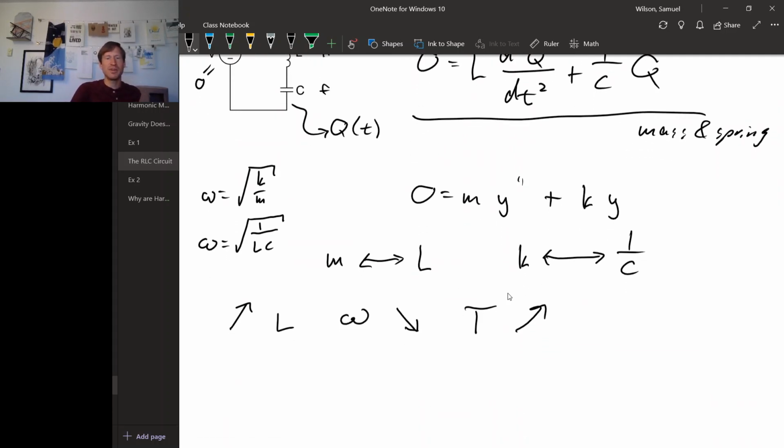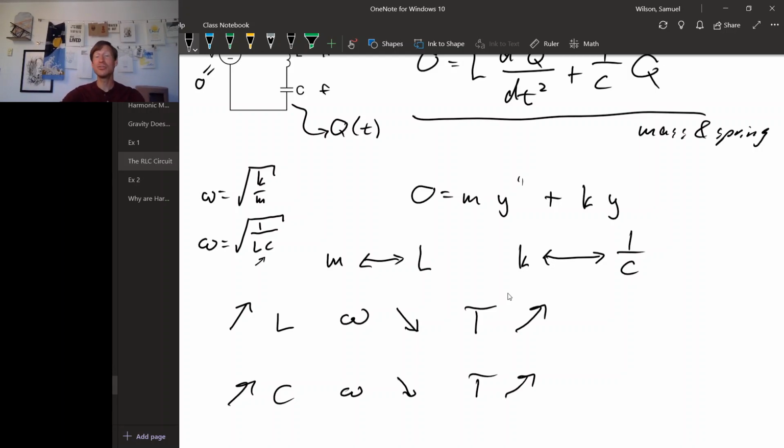By the same token, if we replace our capacitor with a larger capacitor, that's going to have the same effect because C is in the denominator, so the angular speed is going to decrease and the period is going to increase.